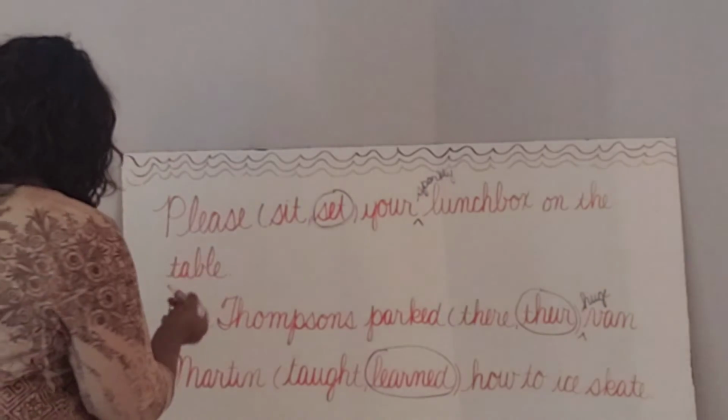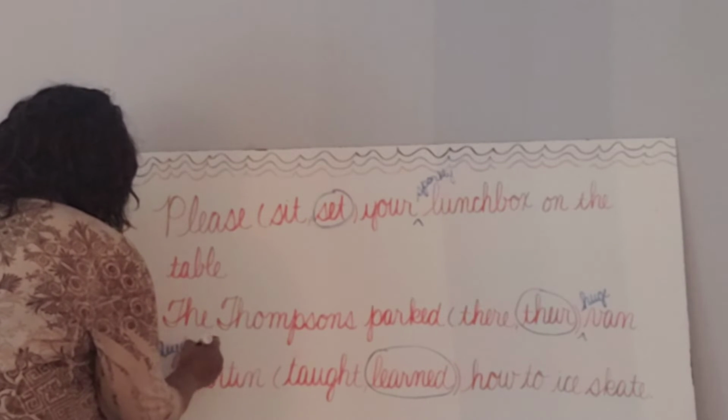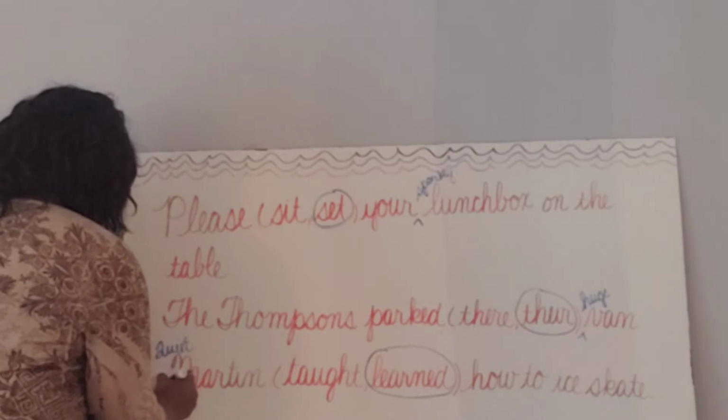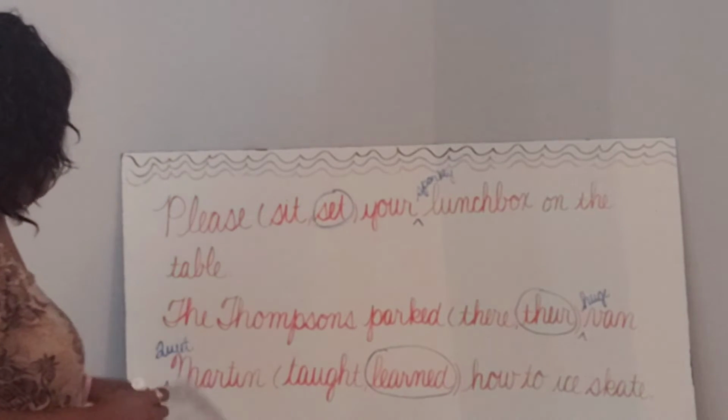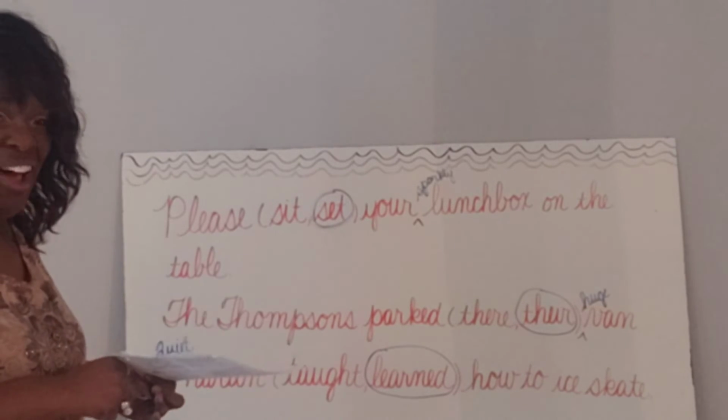We could say, quiet Martin learned how to ice skate. Quiet Martin learned how to ice skate. That's the best I can think of for right now for that.